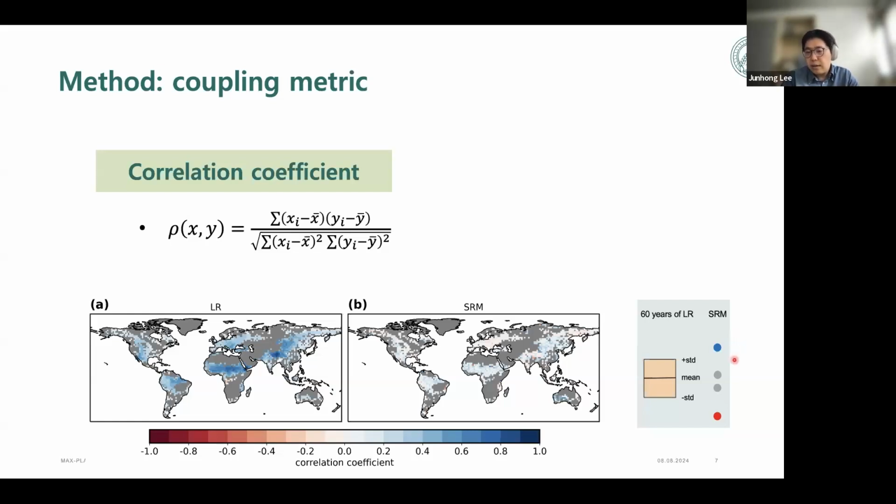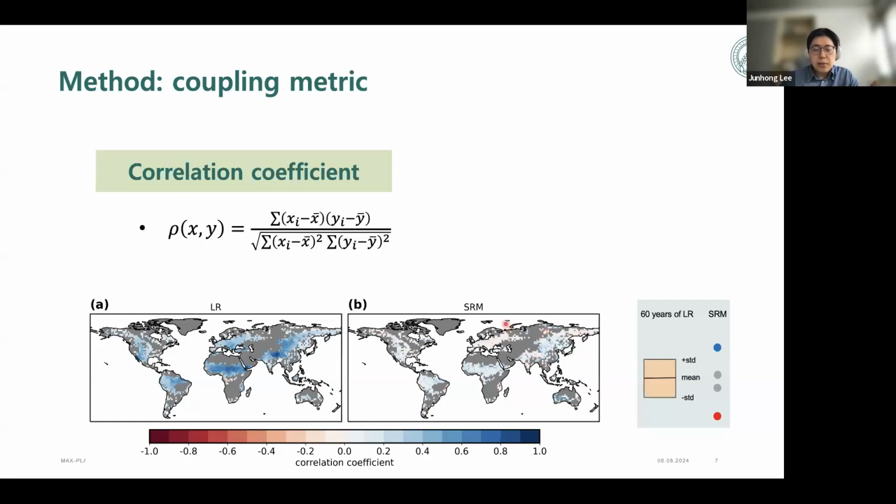Otherwise, I assume it is falling into the inter-annual variability of low resolution, so I mask it out as gray color. And on top of that, if there is very small precipitation, it is just making noise. So I mask out where the precipitation is smaller than 0.1 millimeter per day.